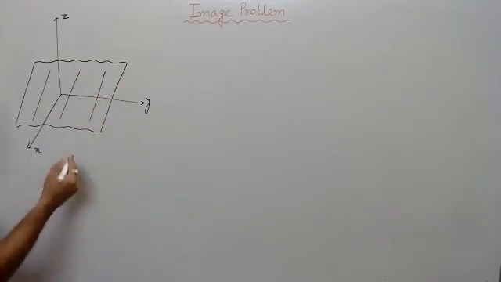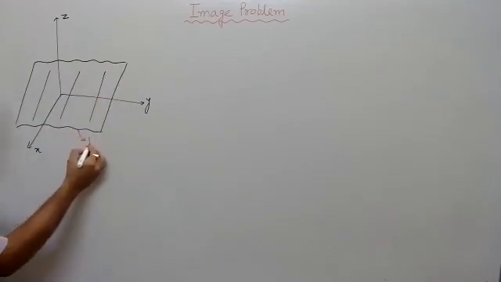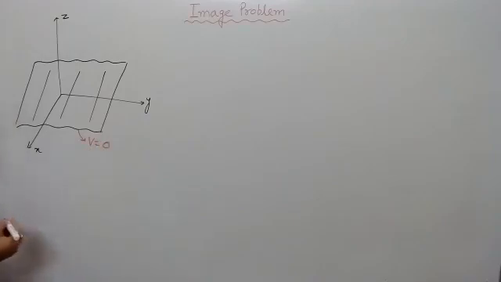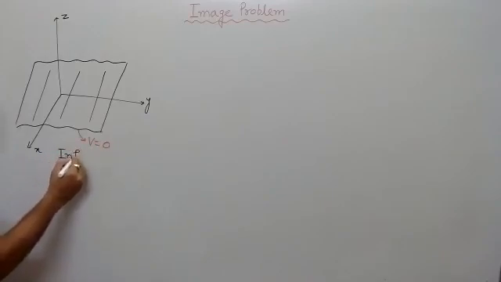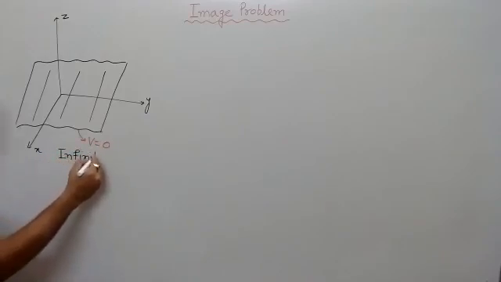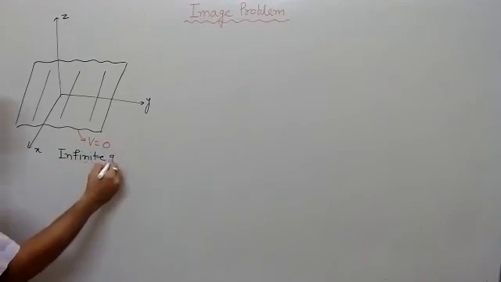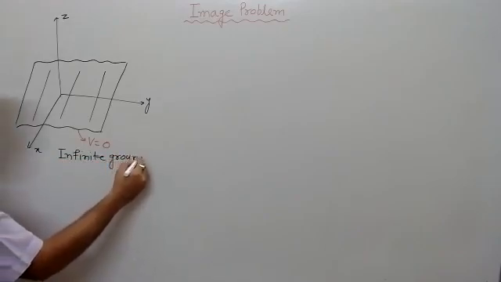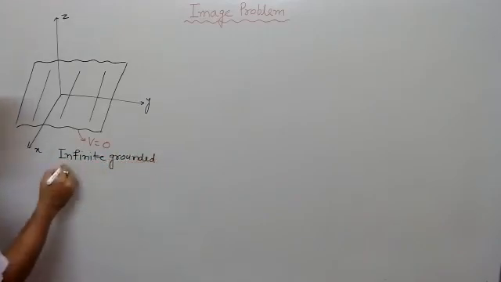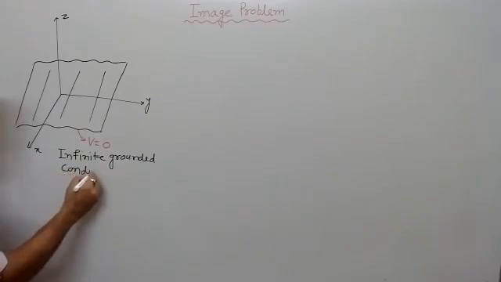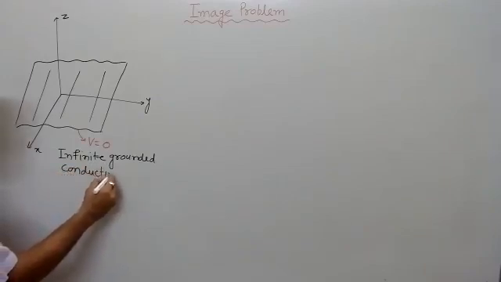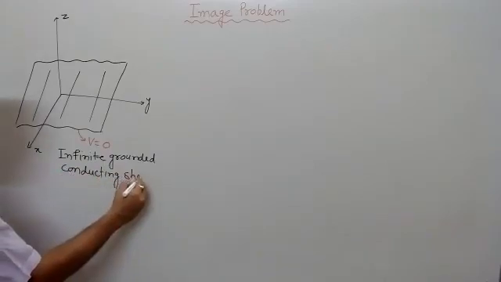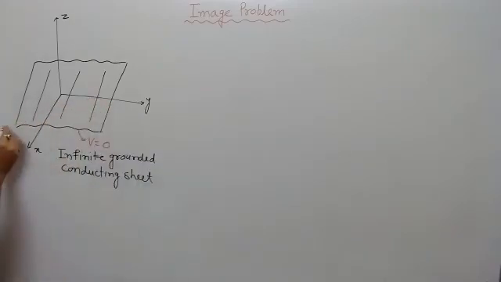Let us assume this potential is 0. So it's an infinite grounded conducting sheet in the xy plane, that is at z is equal to 0.